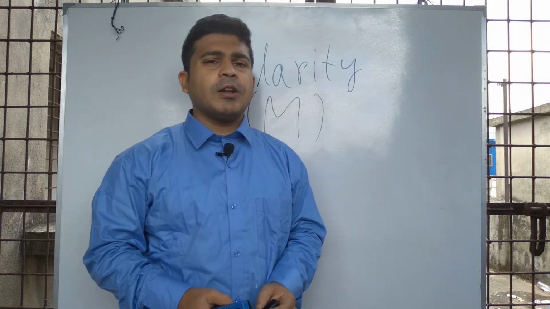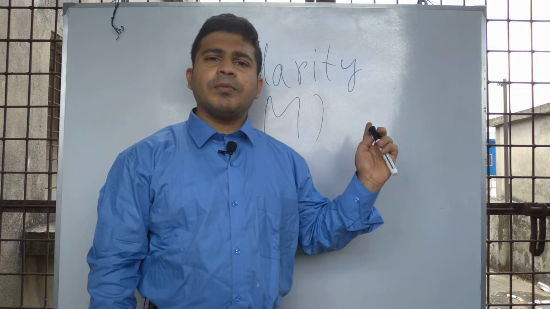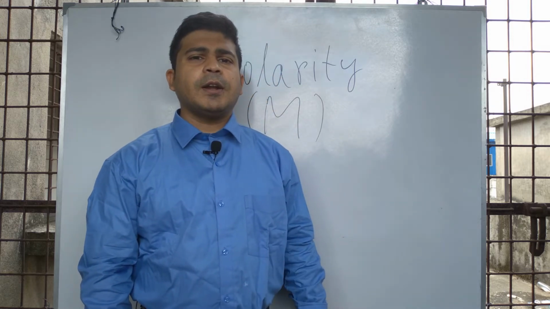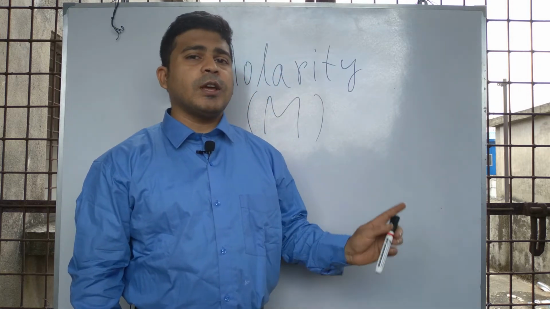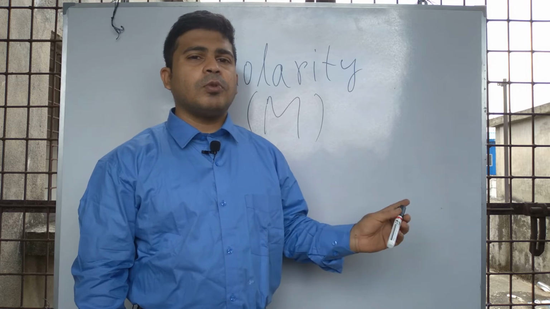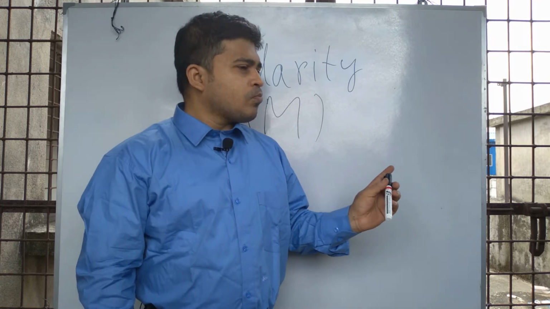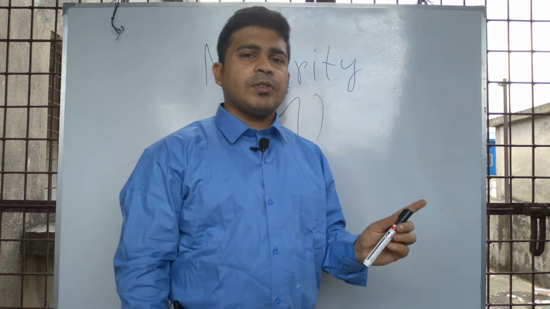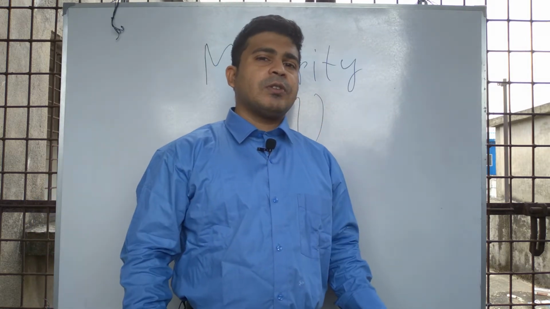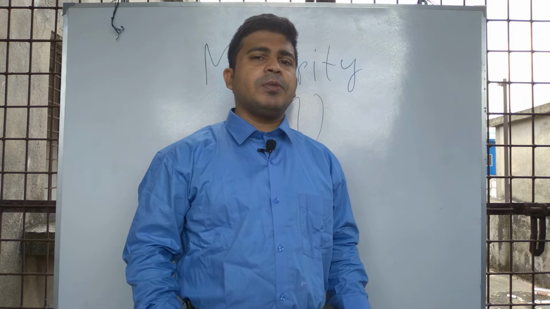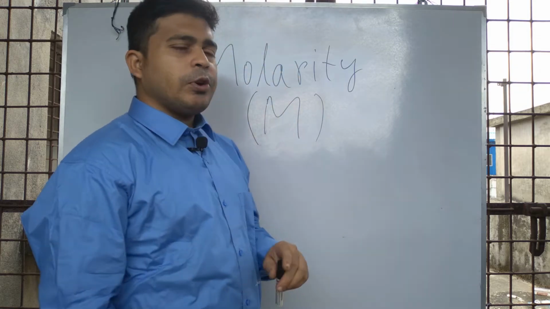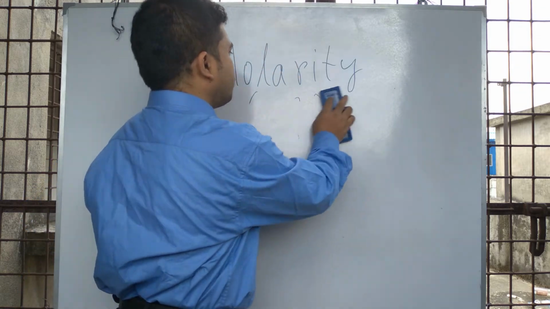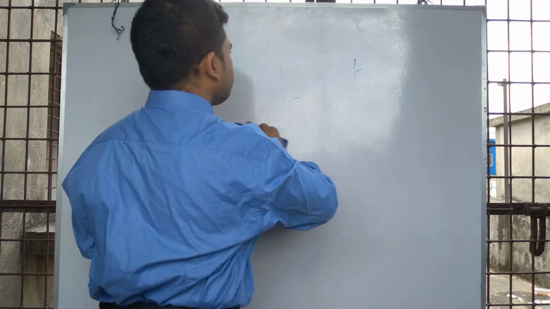In volumetric analysis, molarity is a very common term and requires calculation based on molarity. In this video we discuss each and every point about molarity. So we start our discussion right now.